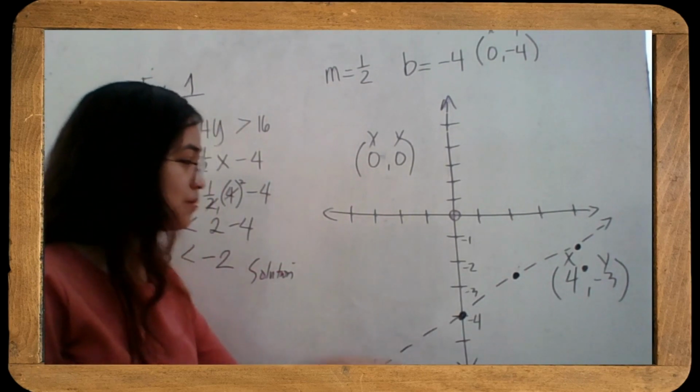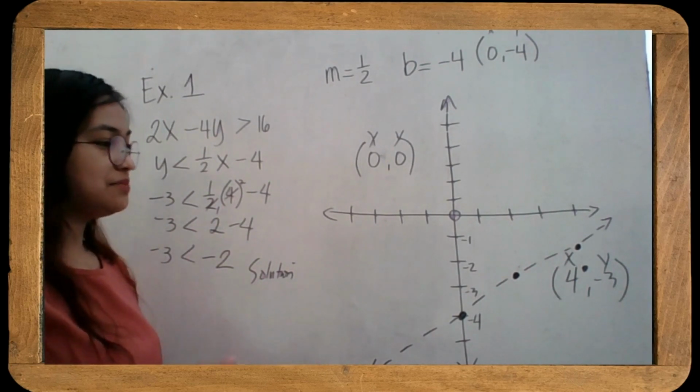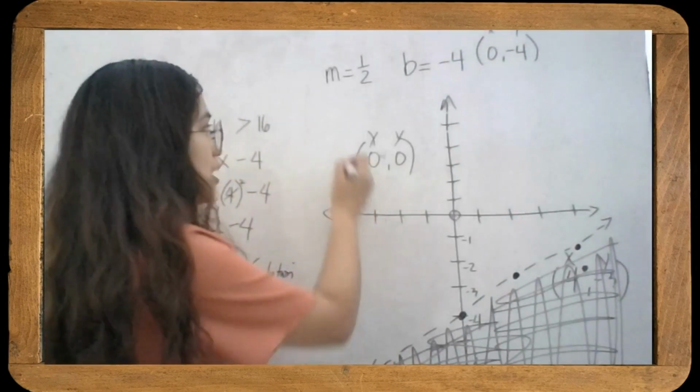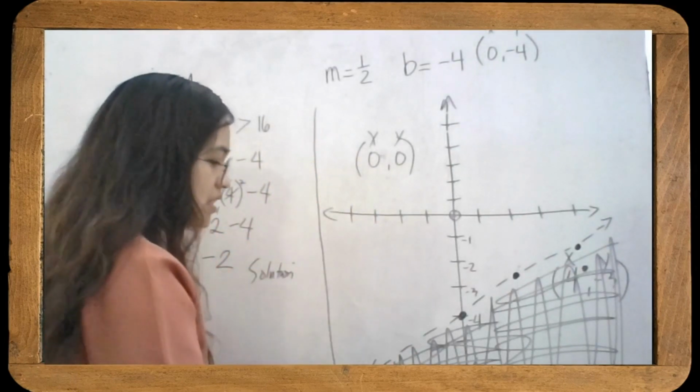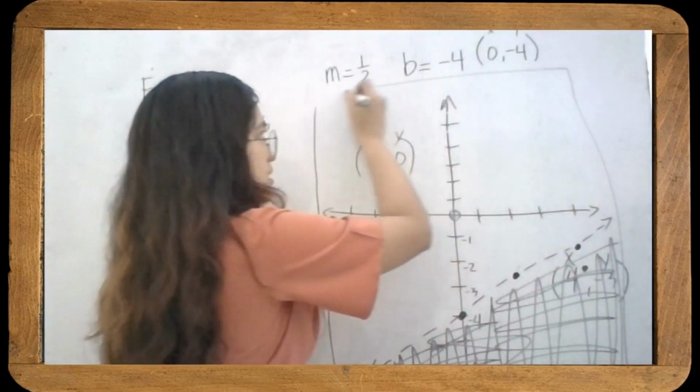Which is tumugma din sa ating testing point. Okay ba? That means mag-graph na tayo. Kung maaari, gumawa kayo na box para alam nyo kung hanggang saan kayo mag-shade. Okay?